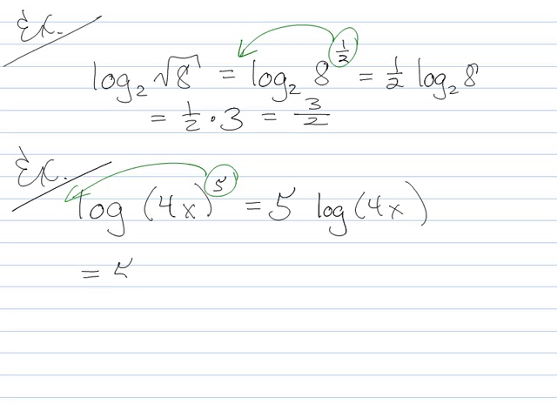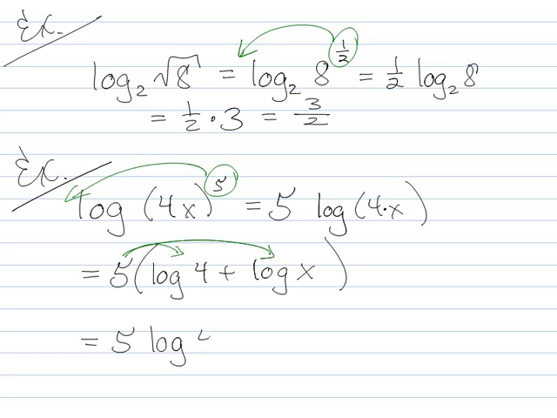I've got 4 times x, so I can rewrite my product as addition. It's very important I put that in parentheses because the 5 applies to the whole thing, not just a part of it. So I've got 5 log of 4 plus 5 log of x.